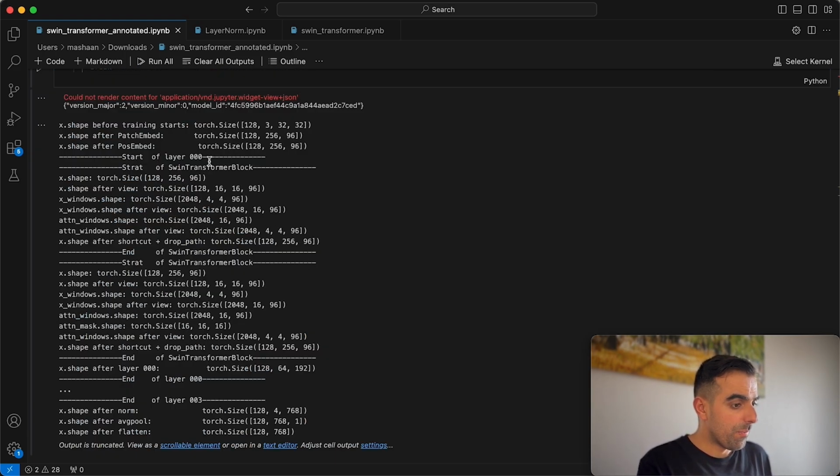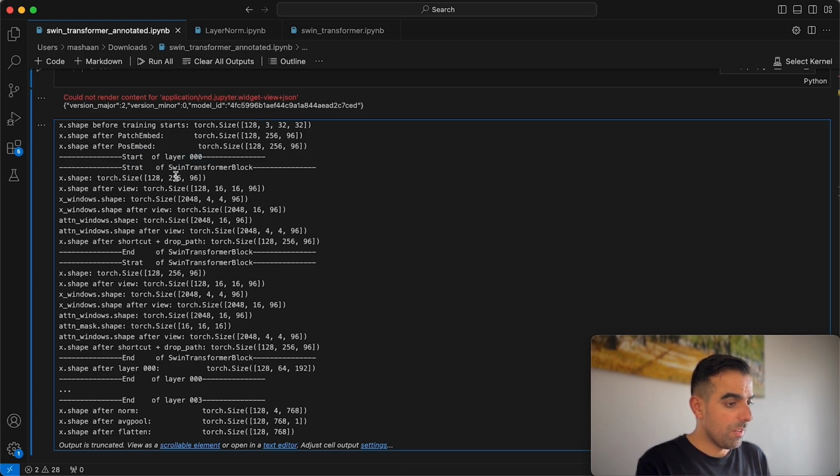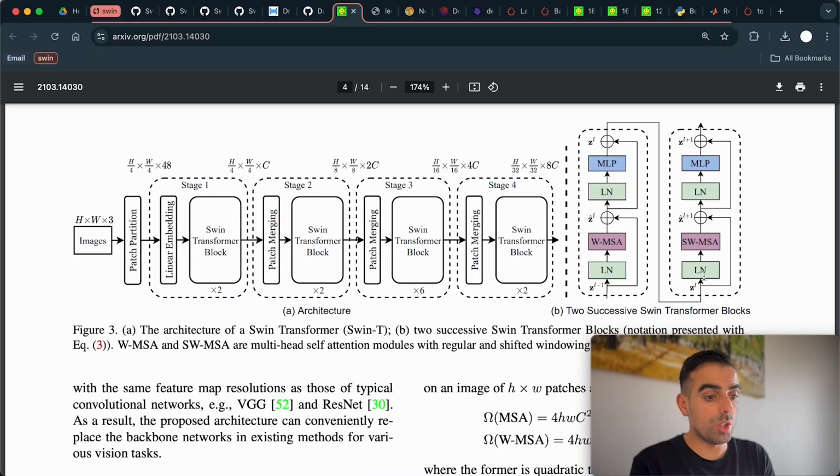So here in layer 0, it unflattens this dimension into 16 by 16. Then it reorders the image not in terms of images, but in terms of windows. Each window is 4 by 4 with 96 channels. So the attention is not performed between images and not between patches. It's performed between windows.